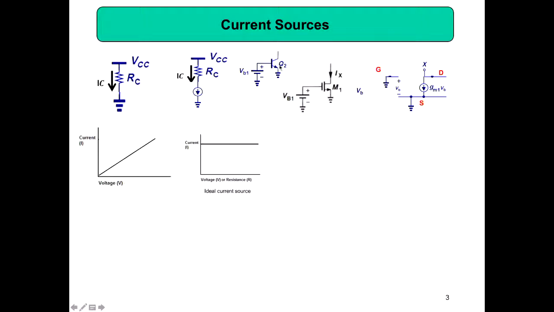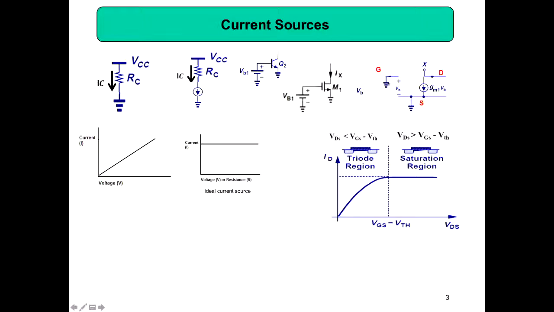Again, we are taking the ideal case, no channel length modulation or early effect. So you can see point X here and the ground, and between them a current source. This is a voltage dependent current source, but if you connect a constant voltage, then this current will be constant.